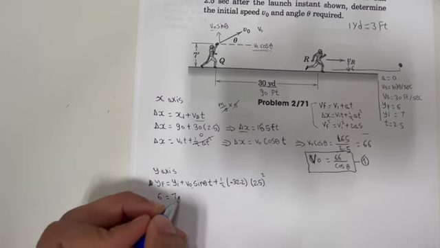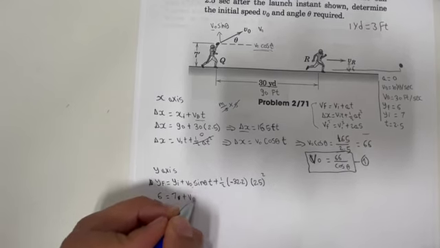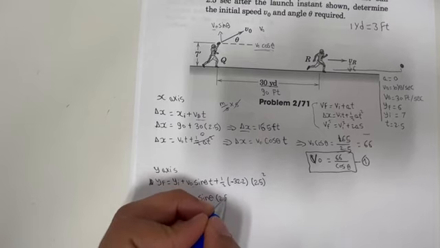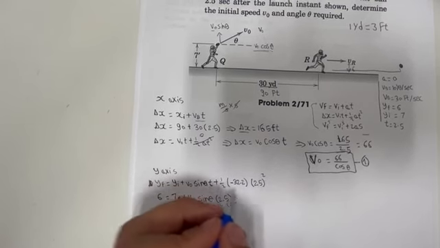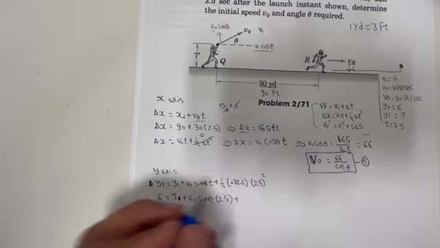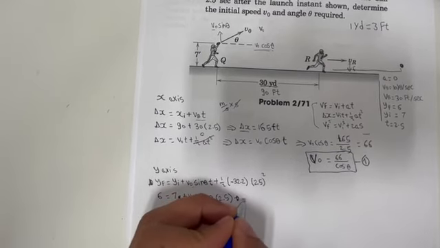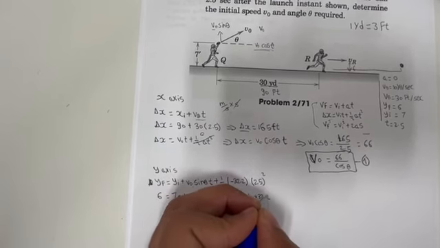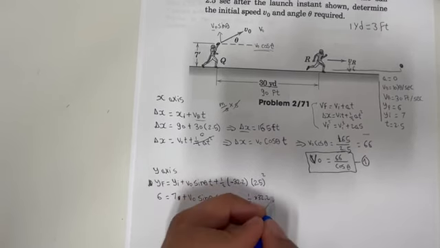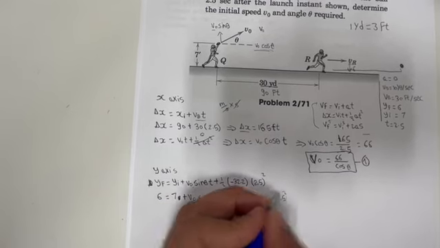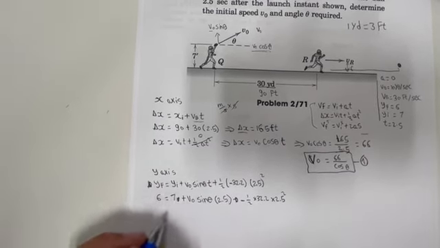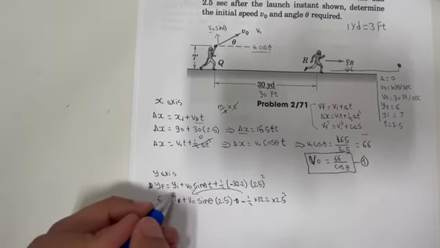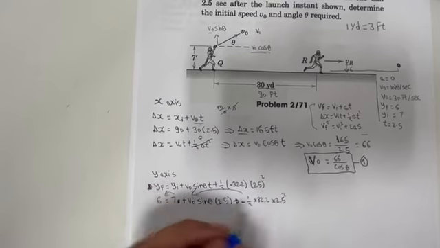Let's fix this. We said y final is 6 feet, equal to 7 feet plus v naught sine theta times 2.5, that's the time, minus half of 32.2, I just took the negative outside, multiplied by 2.5 squared. If you want to get v naught sine theta, you take all of the other stuff to the other side and divide by 2.5.